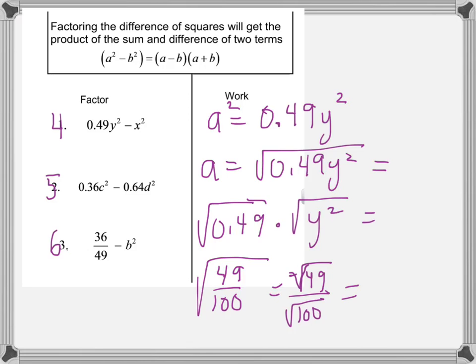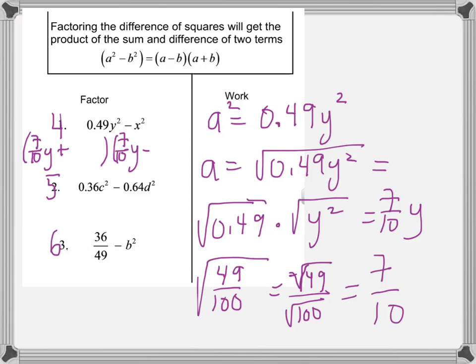Okay, so the principal square root of 49 is 7, and the positive square root of 100 is 10. And so this right up here is 7/10 y. So that's going to be 7/10 y plus something and 7/10 y minus something.